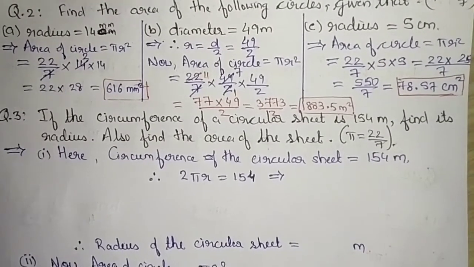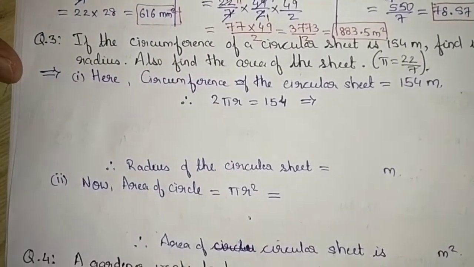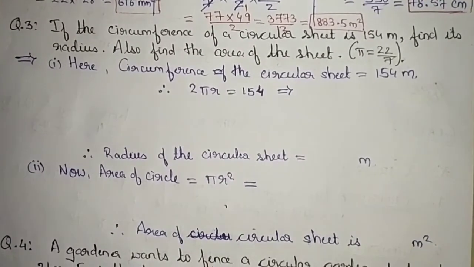Moving to question number 3. Question number 3 says, if the circumference of a circular sheet is 154 meter, find its radius, also find the area of the sheet. They have given the circumference of the circular sheet.